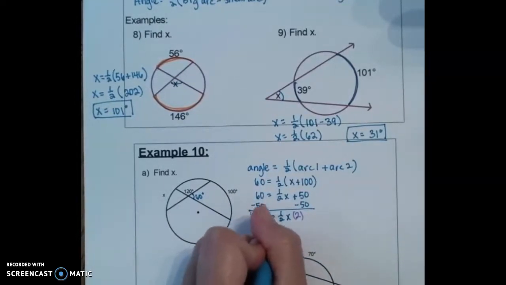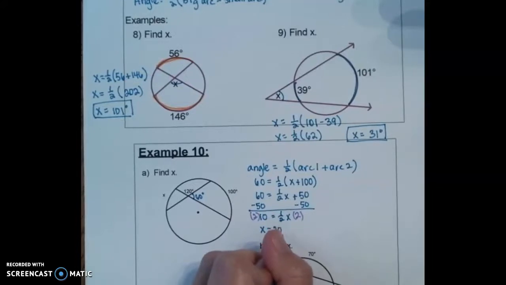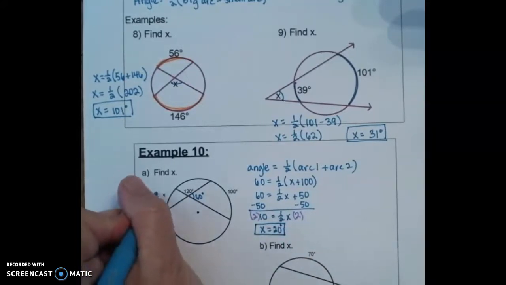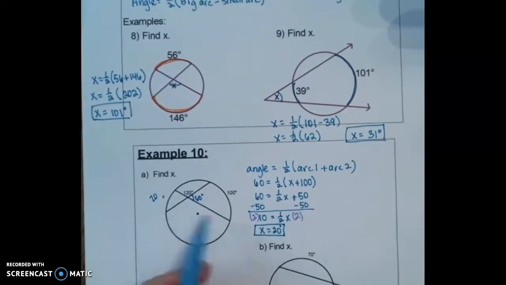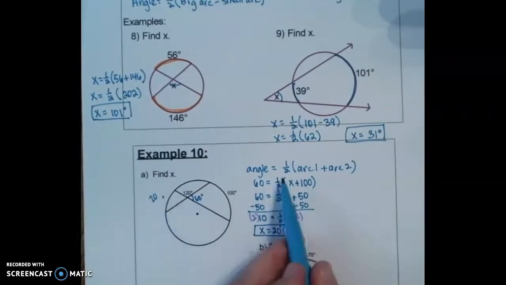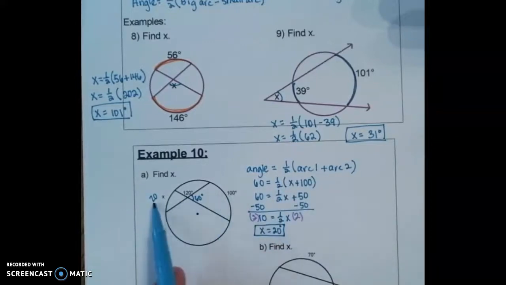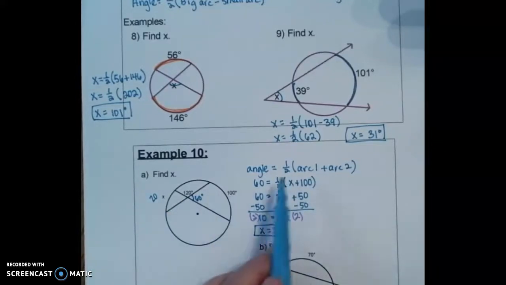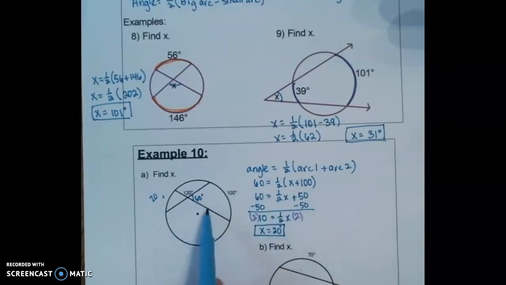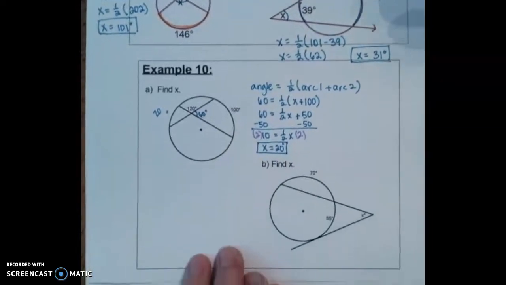So you're going to get x is 20 degrees. So how could I check that? Well, you could go right back to your formula. You could add your two arcs. So 20 plus 100 gives us 120. Half of that would be 60. So you know you're correct.